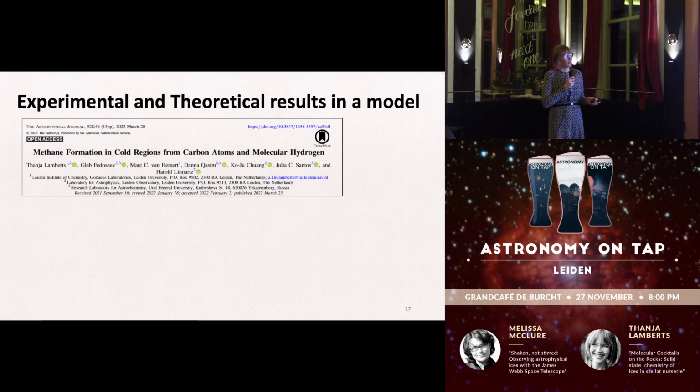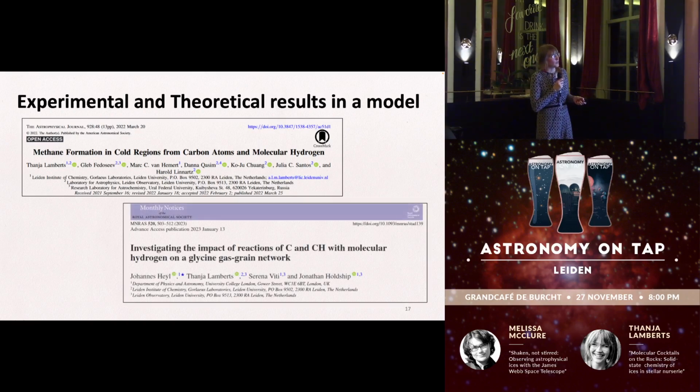This was a combined experimental and theoretical work. Then we gave our results to our colleagues who do astrochemical models, who implemented these reactions in their model and tried to see, okay, now what have we learned and what changes downstream from here. So that's just to give you a feeling for how physical chemistry can tie into astrochemistry.